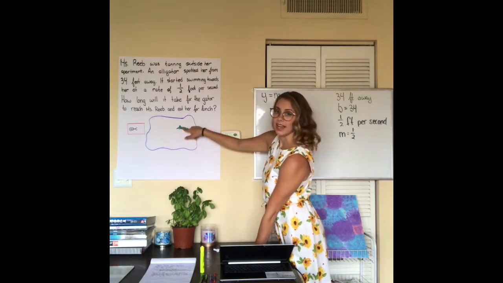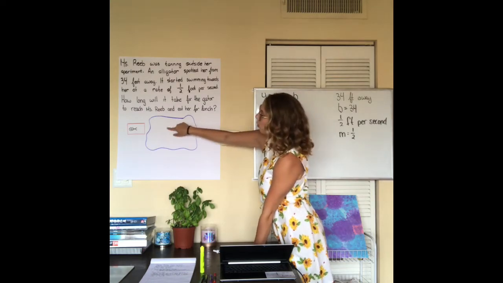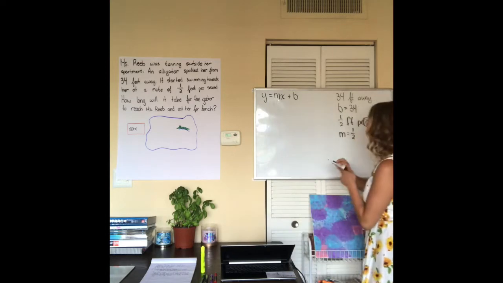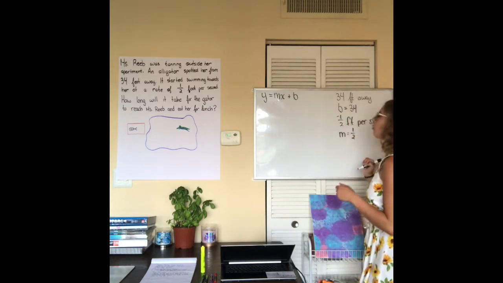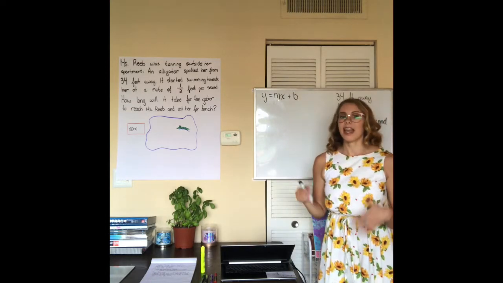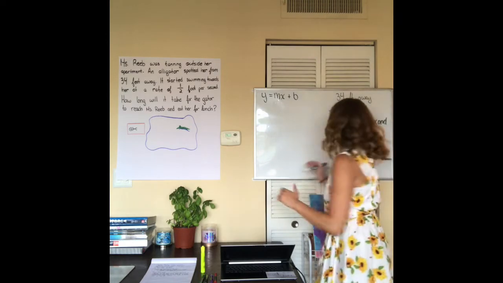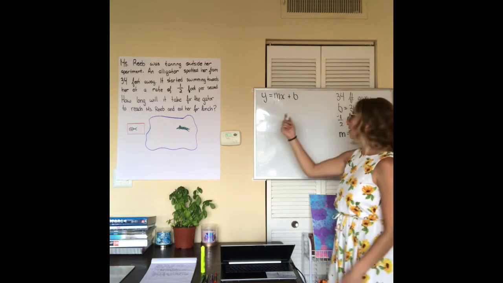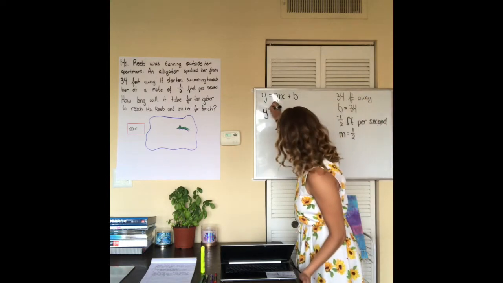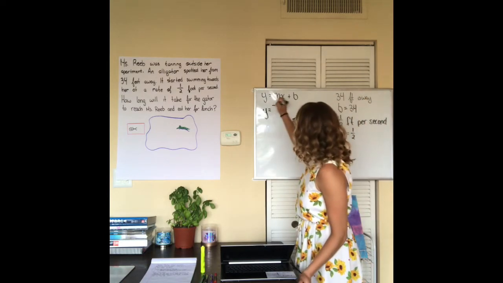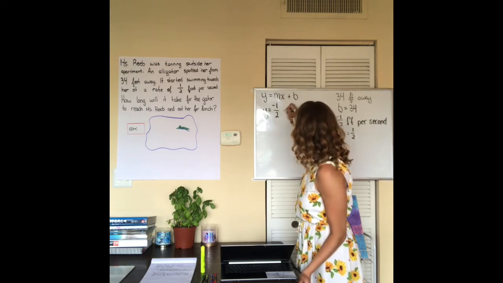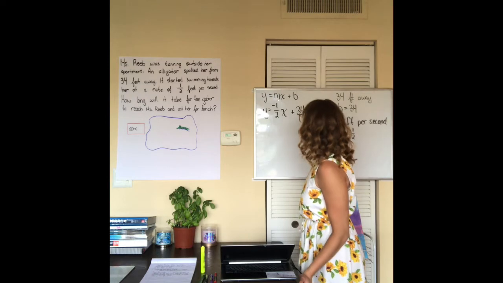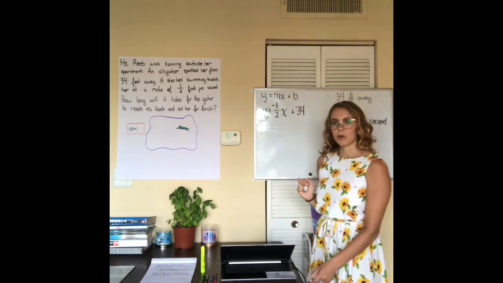And if this alligator is moving towards 0, we're actually going negative 1/2 feet per second. And that's going to be important in a minute. So I'm going to plug in the values that I know into my formula. So y equals negative 1/2 x plus 34. And now we have an equation.